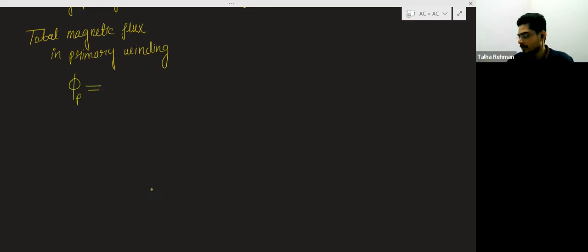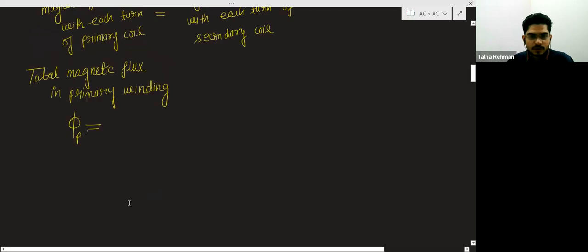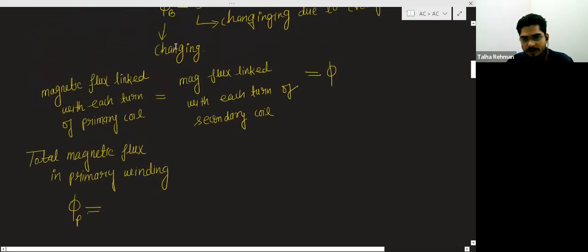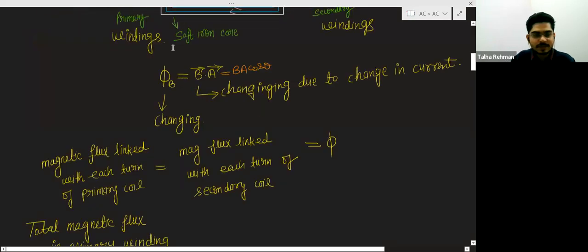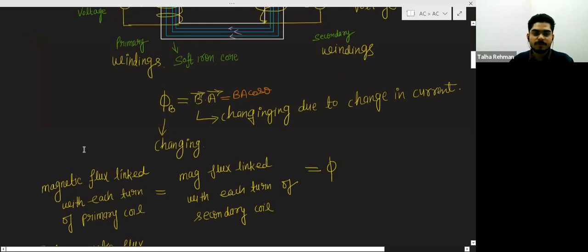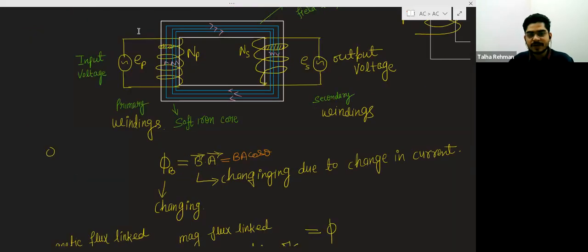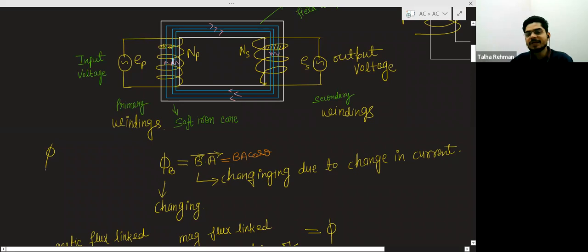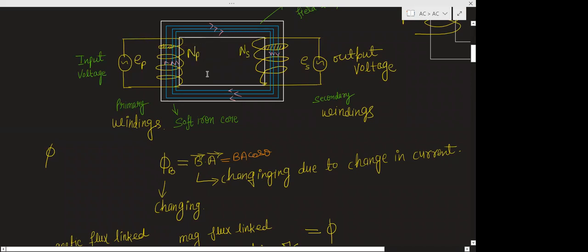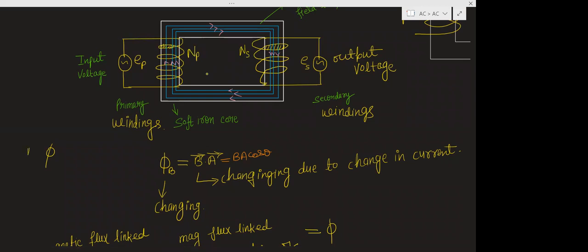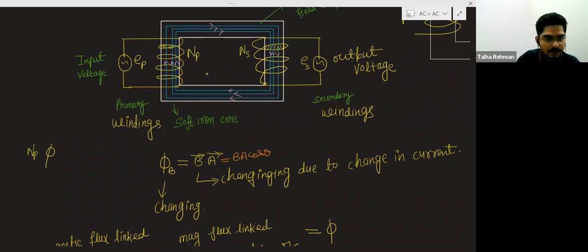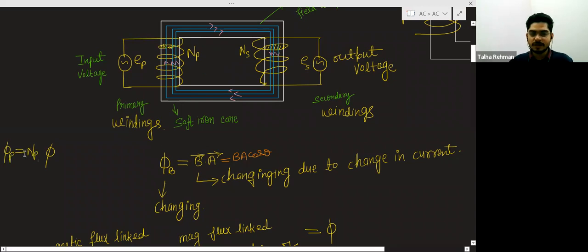This is very easy to calculate. For one coil, the flux is phi, and there are Np coils. So the total flux in the primary winding is the number of coils multiplied by the flux for each coil.